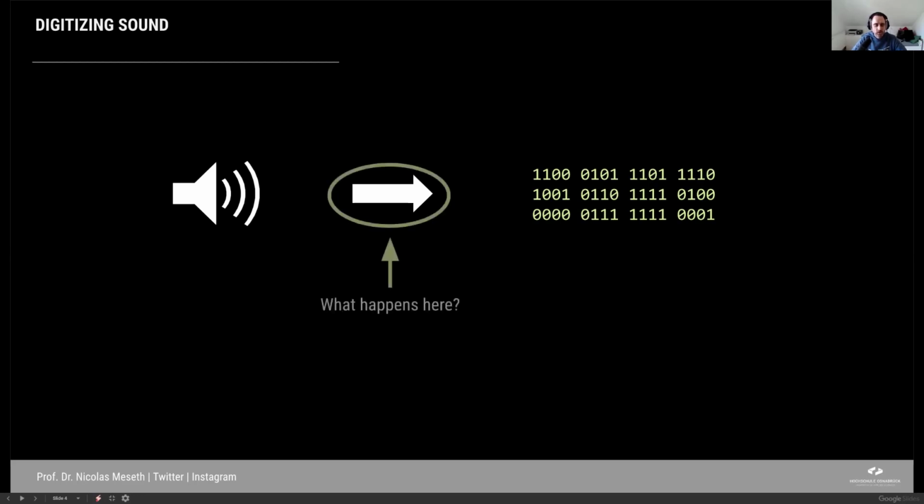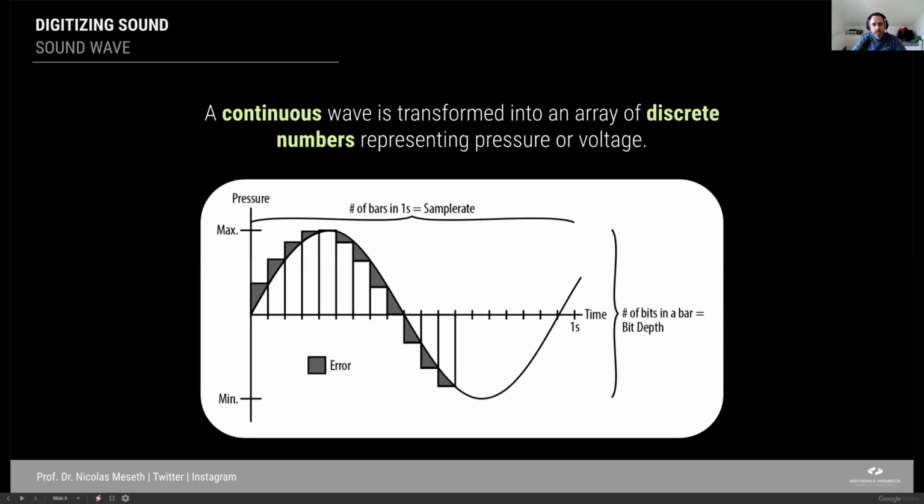And so we talked about what happens here, and we said that for sound, it can be depicted using this picture, the picture of a sound wave. And as you all know, and as we talked about last week, sound is a wave that's propagating through the air, and we can measure the pressure of the wave, and we can measure the frequency of the wave, and that will give us basically all the information that we need to describe the sound.